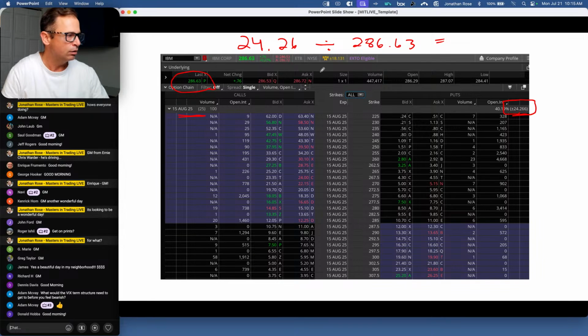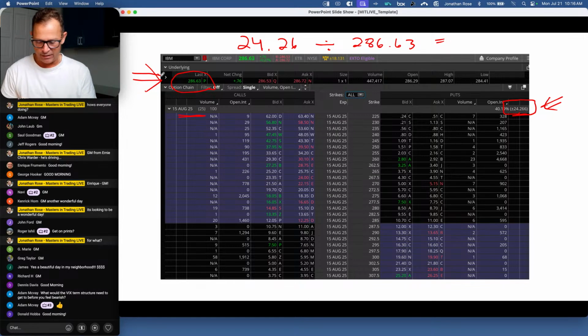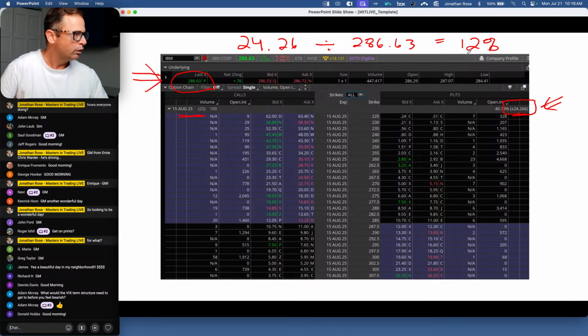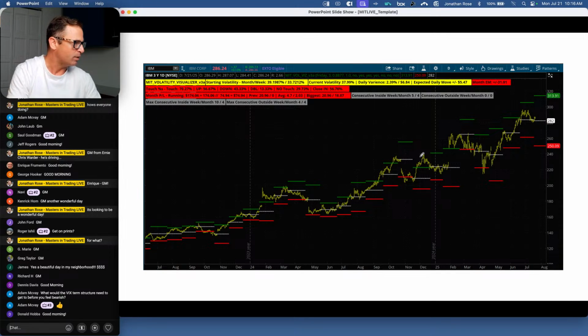Let me get my calculator. 286.63 divided by 24.26, 12%. So right now, the market is pricing in IBM to move up or down 12%.